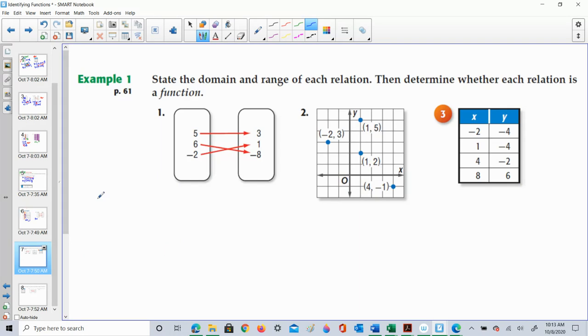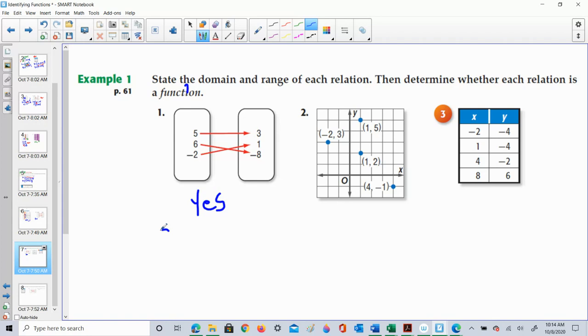All right. Couple more examples and problems. Are we good in this one? Leaves, leaves, leaves. Don't leave twice. As long as it doesn't leave twice, yes, it's a function. It says to state the domain and range.